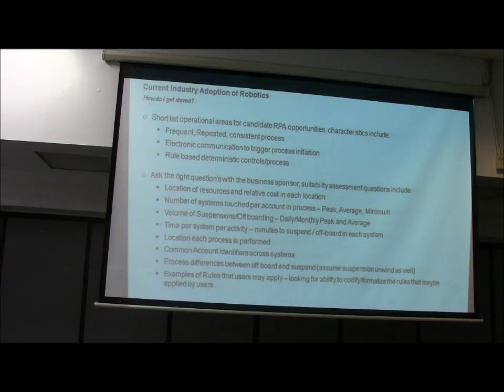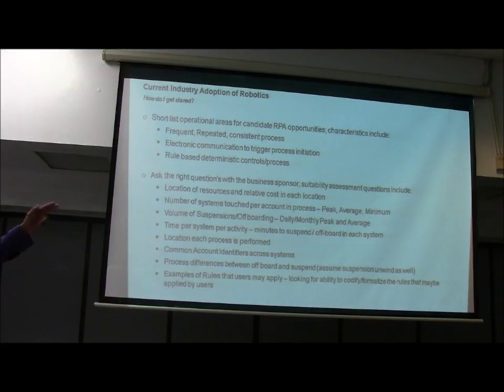So here, I try to give some sort of an approach where you have a short list of operational areas. The first point I would say is that you would always shortlist operational areas where candidate opportunities may arise. So say, for example, you were to work with the COO, you get his buy-in, right? So the first question I'll ask is, how do I start?